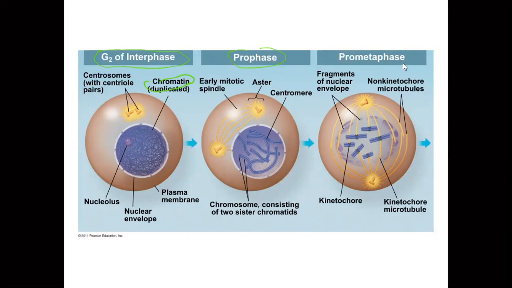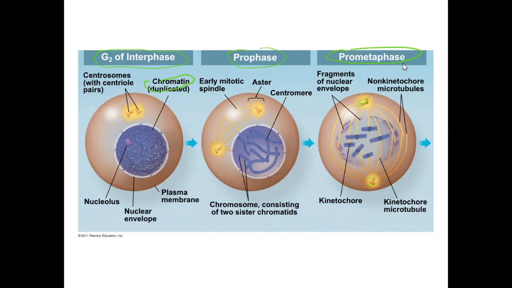Next, you have the prometaphase. What are the events there? You have the nuclear envelope breaking. And then next, the spindle fibers extend from the nuclear region to the poles. So this would, in effect, fully stretch the spindle fibers.